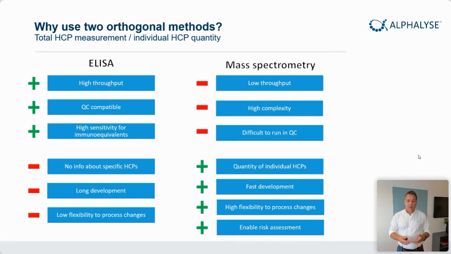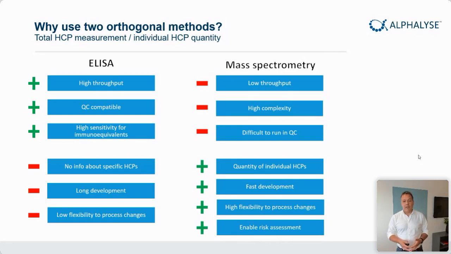And due to this individual HCP identification, you can do risk assessment. So now you can look at the individual host cell proteins and make sure that none of those can cause you problems.